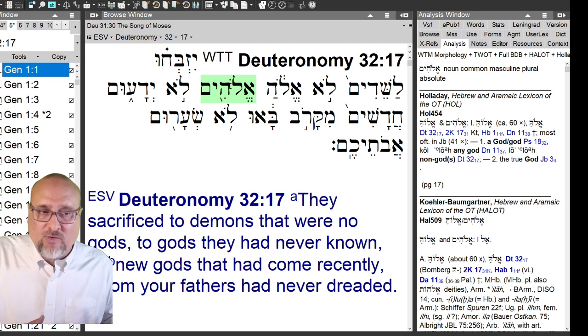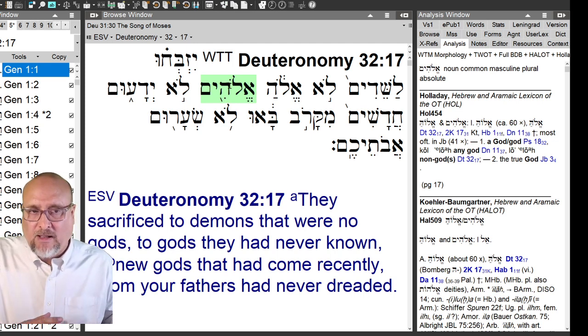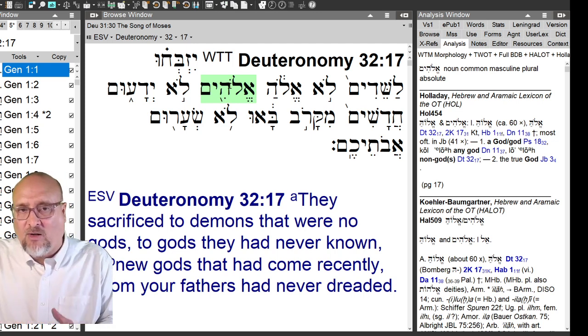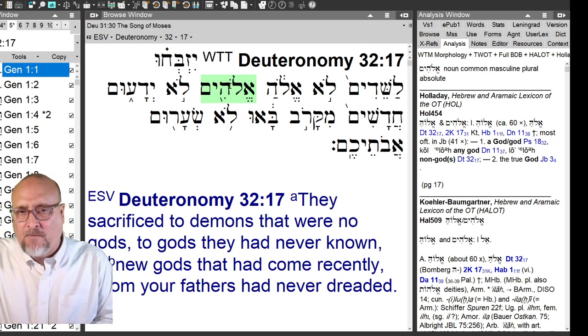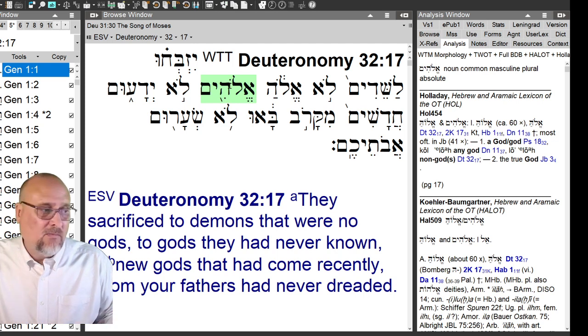You just can't translate it as a plural in our passages because the verbs are always singular, except that one that we saw with Abraham. So it's really an interesting phenomenon that we don't even see in English because there's no way to put that in the text for us, but it's everywhere in the Hebrew Bible.